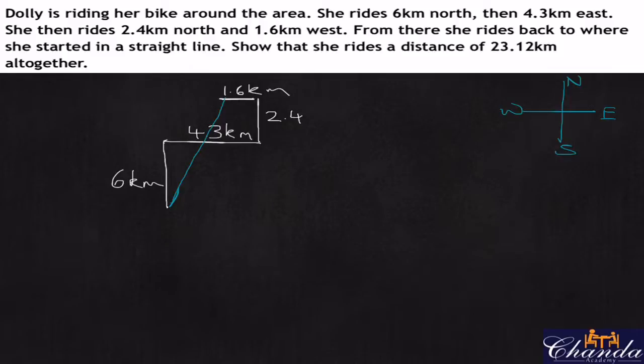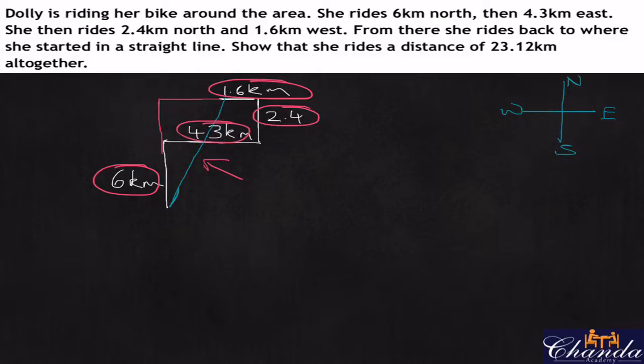So I'm using a different color here just to map out that we are indeed looking at a triangle. The total distance that she rode was 6 kilometers, then 4.3, then 2.4, then 1.6, and then we need to figure out what this blue distance is, and we'll be able to figure out what she rode altogether.